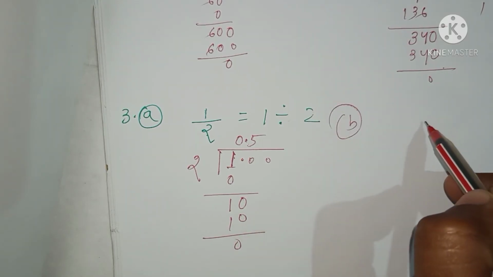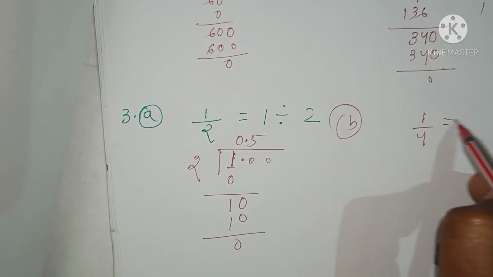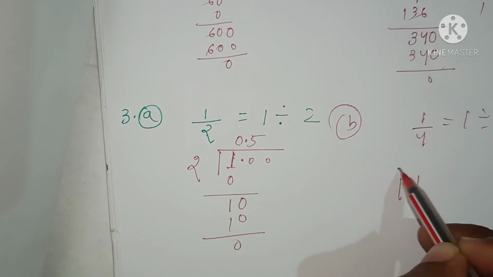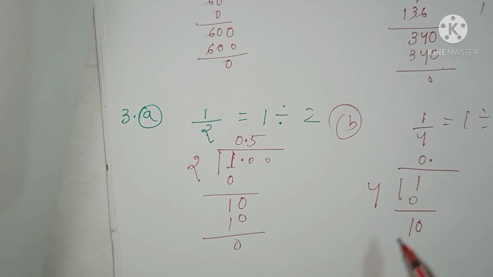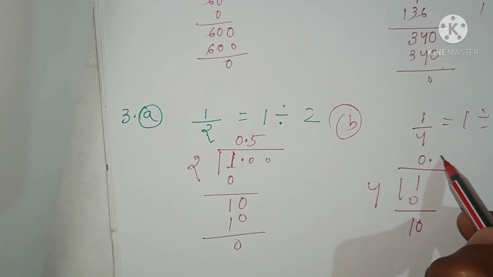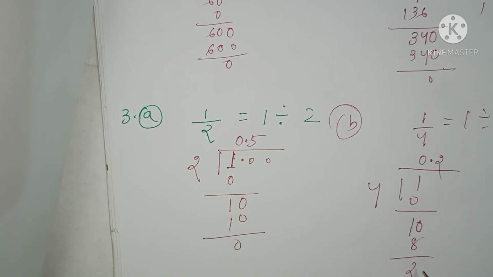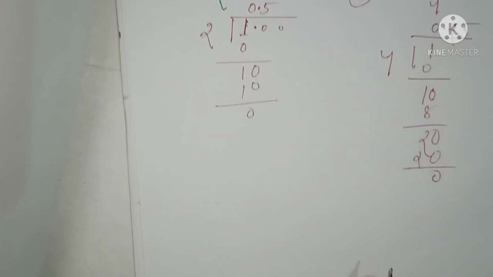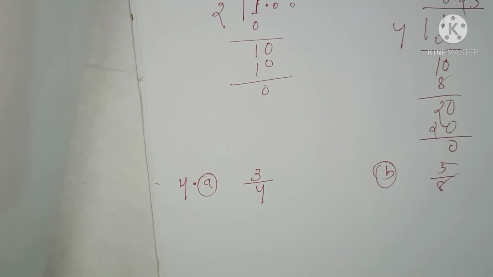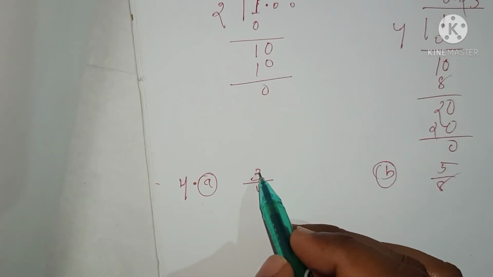Similarly B, 1 divided by 4, that is 1 and 4. 4 zeros are 0, 1 point will be put in, bringing down 0. So 4 2s are 8, 2 1 0, 4 5s are 20. So the answer is 0.25.